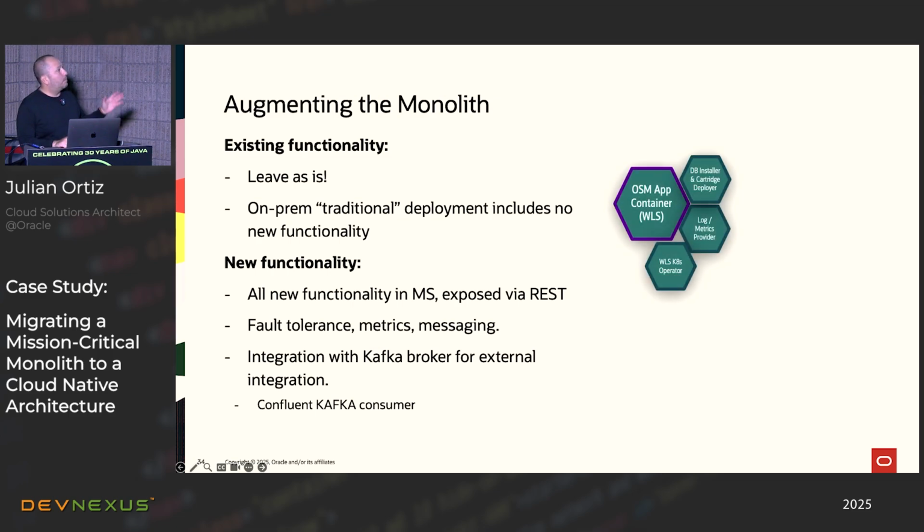So we defined how we wanted to integrate. Now, how do we augment the monolith? How do we add new functionality to it? Our first restriction is that no more functionality was going to be added to the monolith itself.